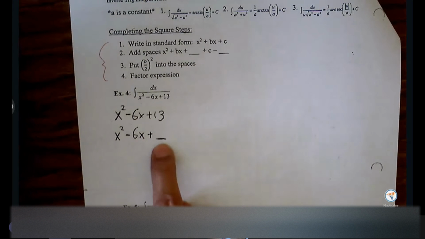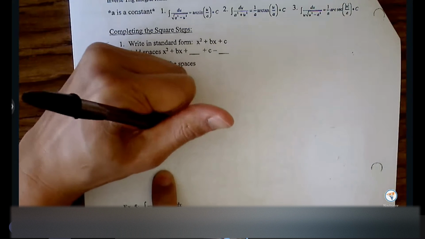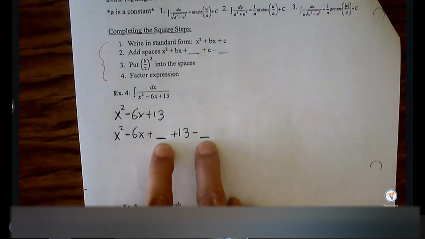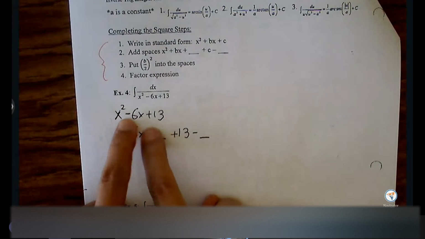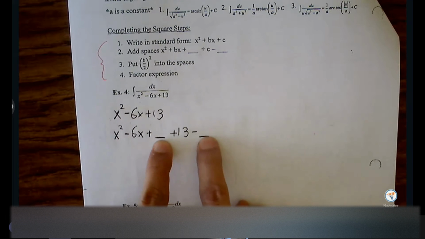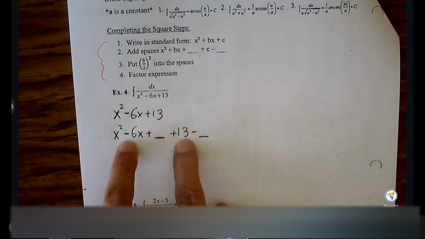I don't know what it is yet, so I'll say plus space. I'll move the 13 over, but whatever number I find, I'm going to immediately subtract it because I don't want to change my overall expression. So whatever number I find, I can immediately subtract it, and that's going to still be the same thing as what I started with.